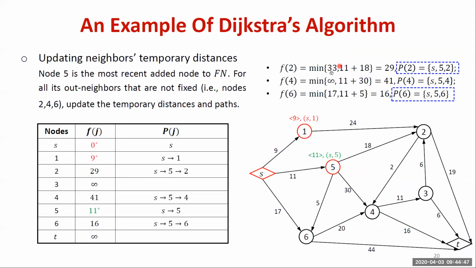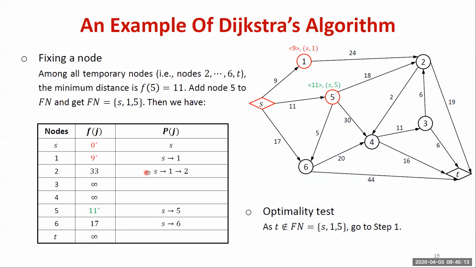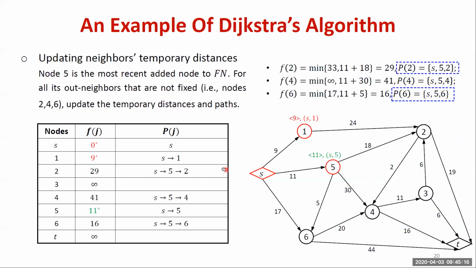You're going to compare the previous shortest distance, 33, versus the new distance, from S to the most recent added node, node 5, then from 5 to 2, which is 18. So you're going to compare 33 versus 29, and 29 wins. So you have to update. You're going to switch the shortest path to node 2 from S to 1 to 2 to S to 5 to 2. And do the same for node 4 and 6.